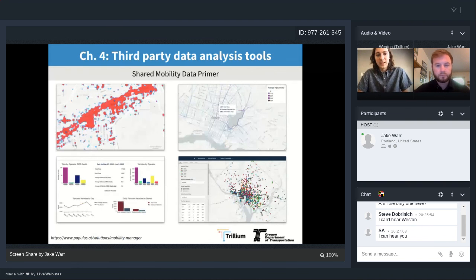On the top left, we can see a historical heat map of parking locations of shared mobility vehicles. On the top right is a historical visualization of different vehicle trips and the density of the routes that they take. And then the bottom left is just another example of different data visualizations that you can get from these dashboards. And then lastly, on the bottom right there is an example of what a real-time map would look like that indicates current available vehicle locations.